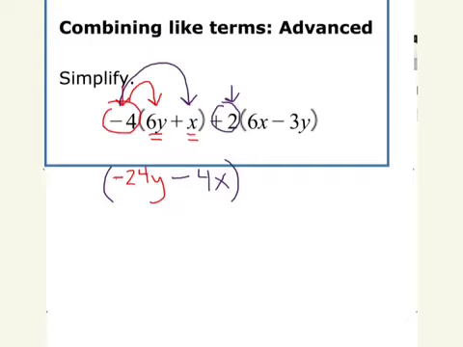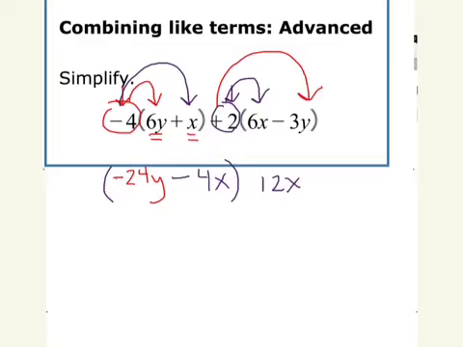So here we go to the right side moving along, and we have a positive 2, and we're going to multiply a positive 6x, which gives us positive 12x. And then we have our positive 2, and we're going to multiply positive 2 times a negative 3y.